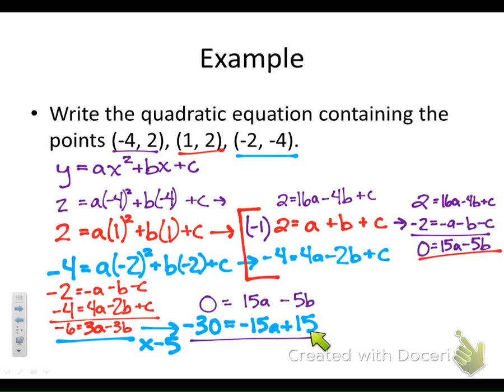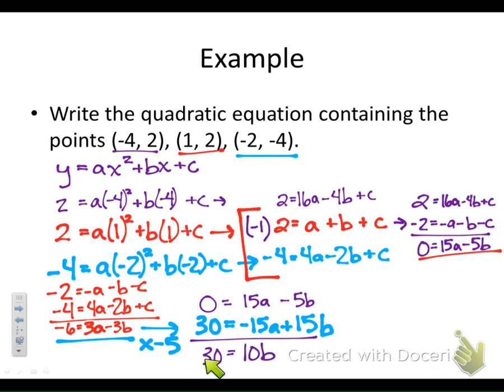In a third elimination, I get -30 equals just 10b. Another typo, it's +30.